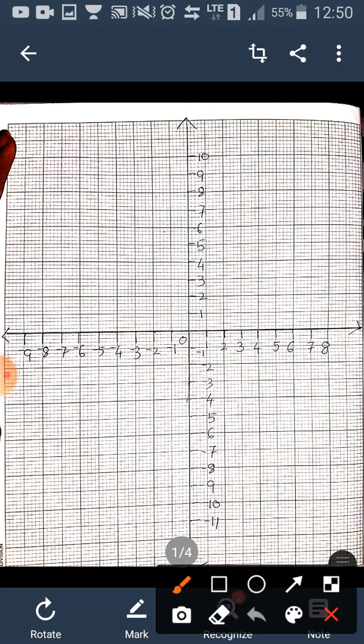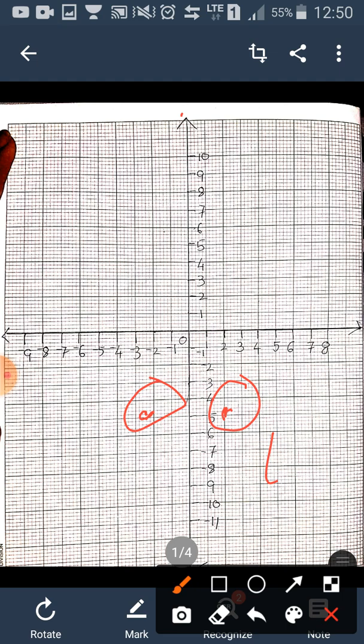Where is 2 comma minus 5? It is over here. It is reflected along the y-axis, which means this line. If it is reflected along this line, the image will be formed over here.